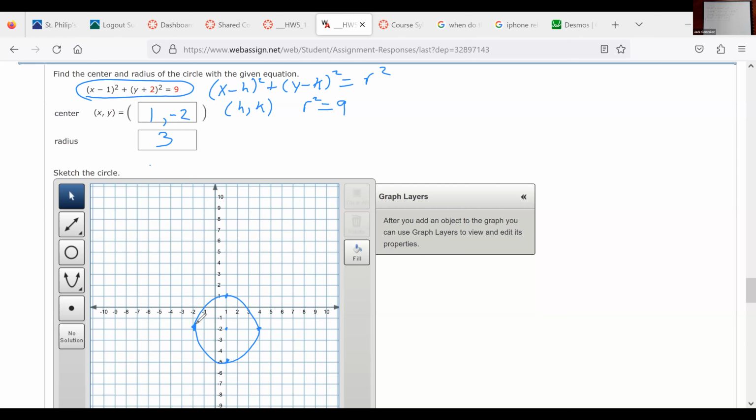All right. Well, they gave us r squared right here, right? So r squared is 9, so you have to square root both sides. So whatever is given, the square root will be the radius. Any other questions on this problem?